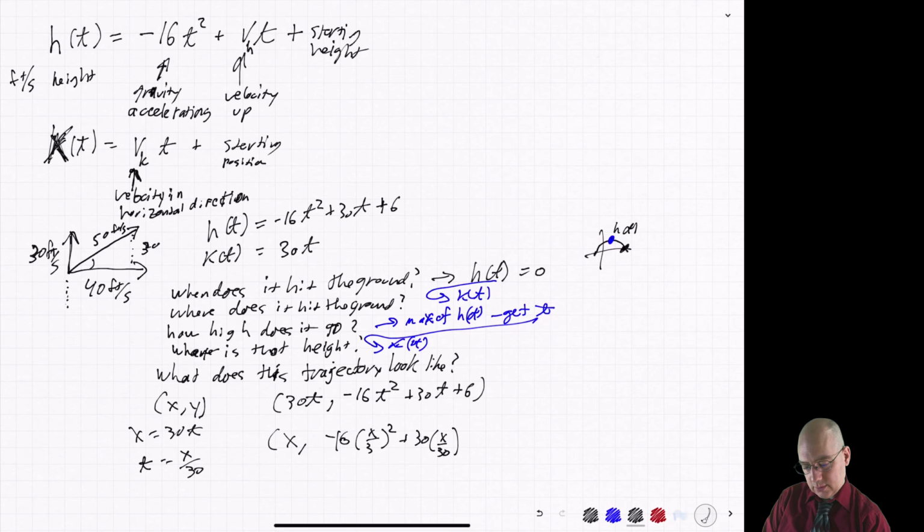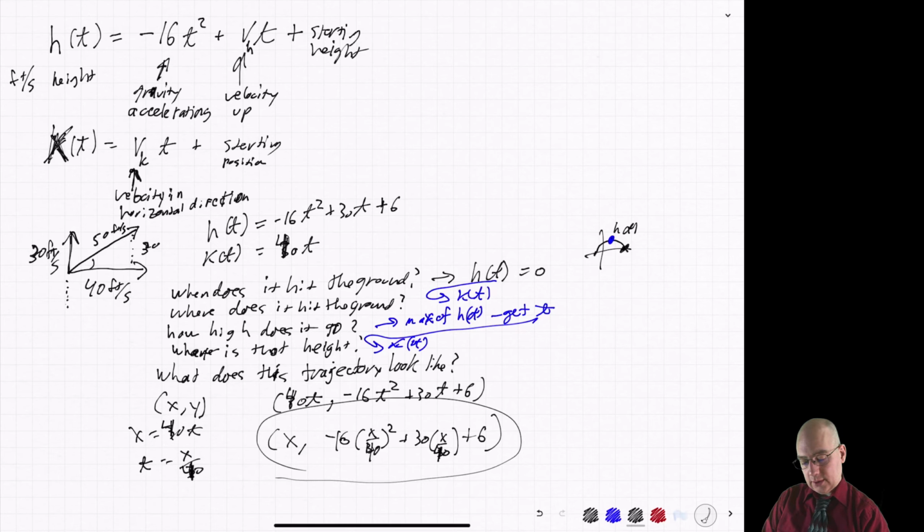Oops, why am I having 30 there? One of these should be 40. K of t should be 40t. So 40t, x over 40, 40, 40, 40. All right, plus 6.